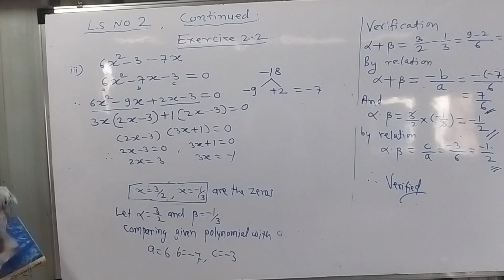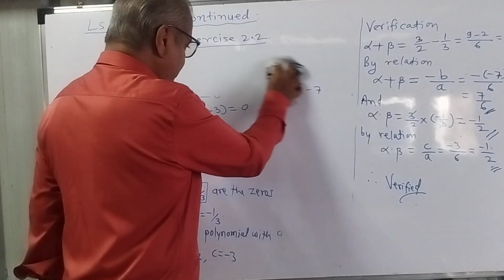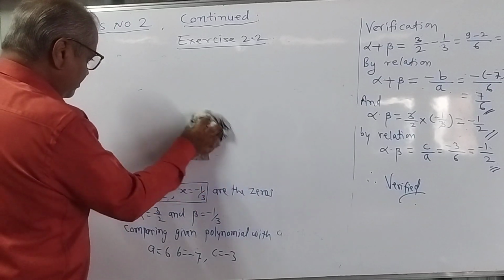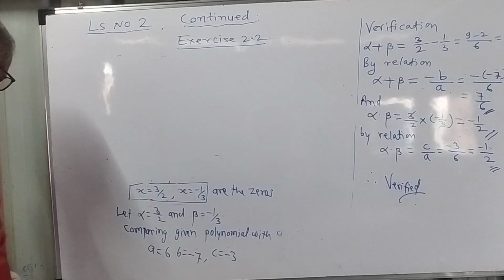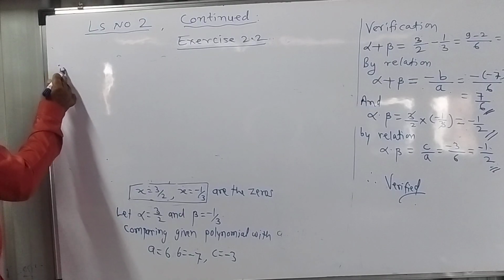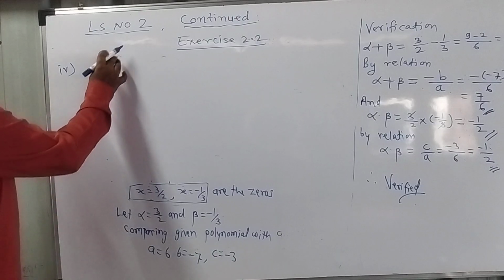So this is sub question 3. Now we will solve sub question number 4. 4u square plus 8u.